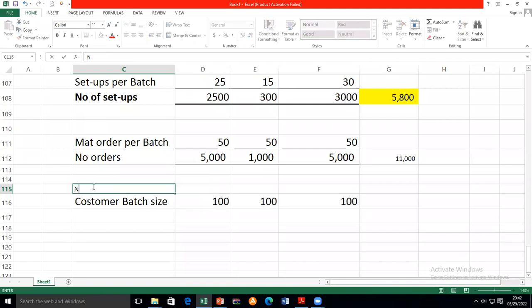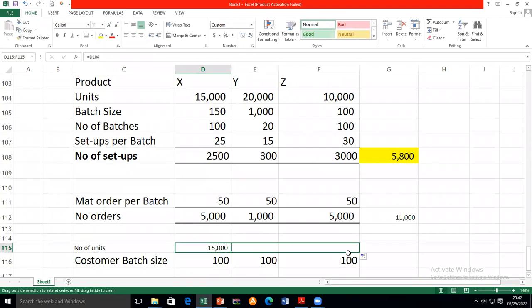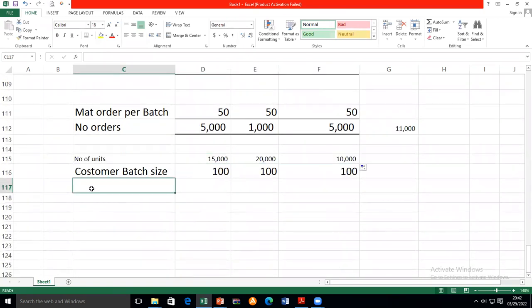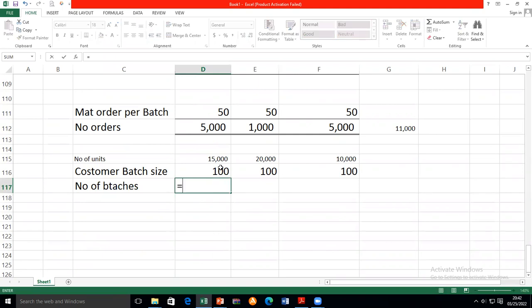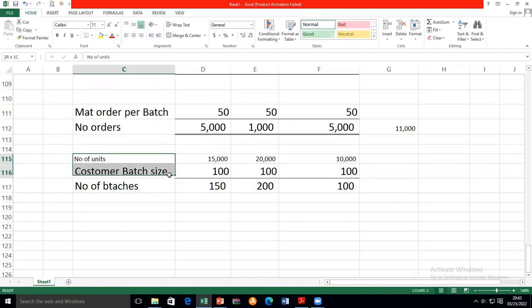I'll remind you again, the number of units. The units are here. So the number of batches. How many batches? You say this divided by 100. That gives you the number of batches. So these are the batches that we have.